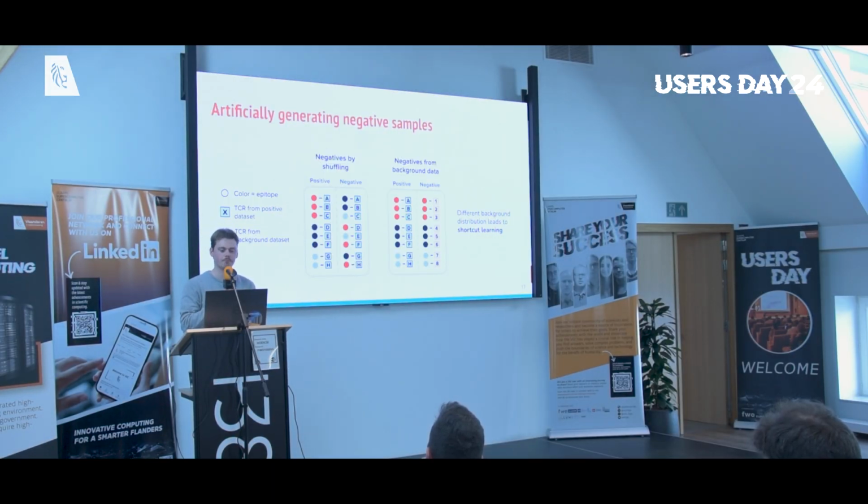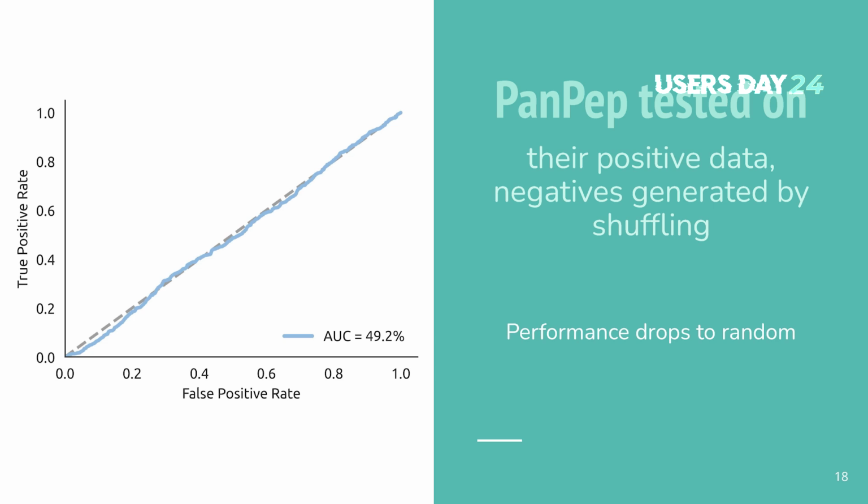And when we then apply it on different types of data where the negatives are not made in this way, suddenly the performance would be much lower. So that is what we tested.